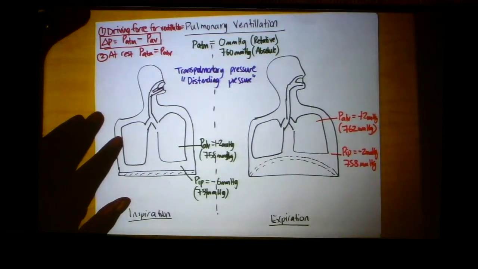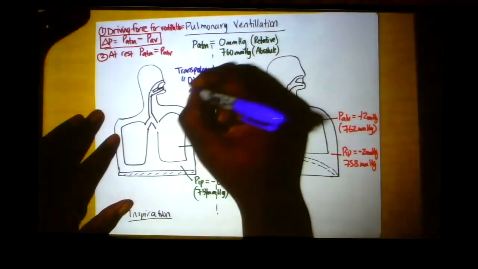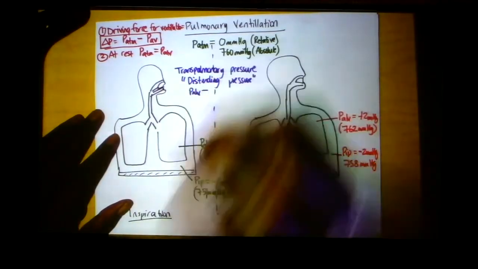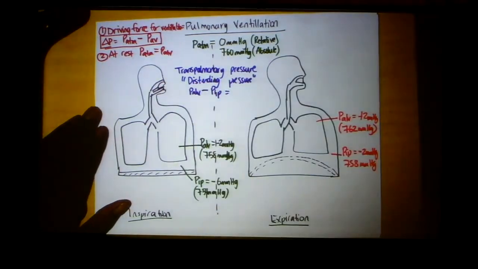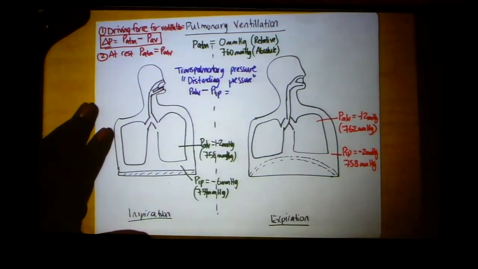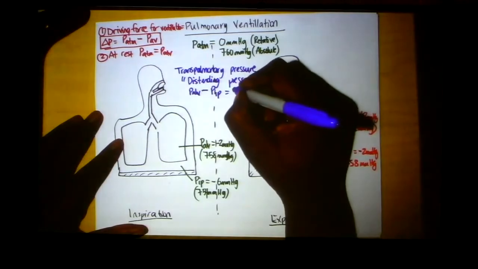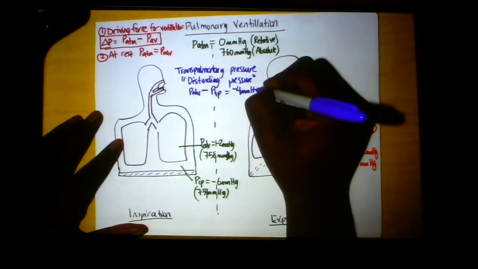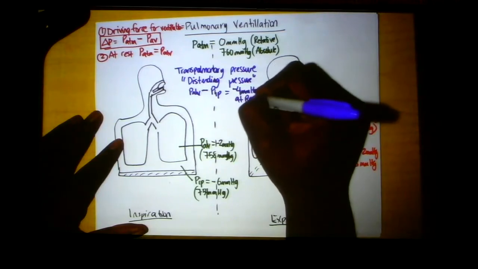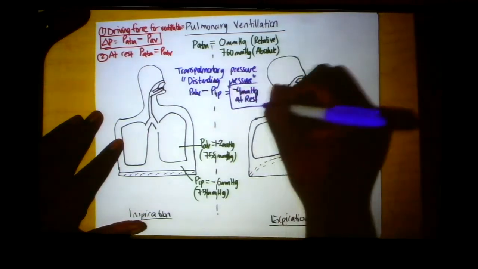And that was basically the difference between the alveolar pressure and the intrapleural pressure. Okay? And that is going to be -4 millimeters of mercury at rest, right? So -4 at rest.